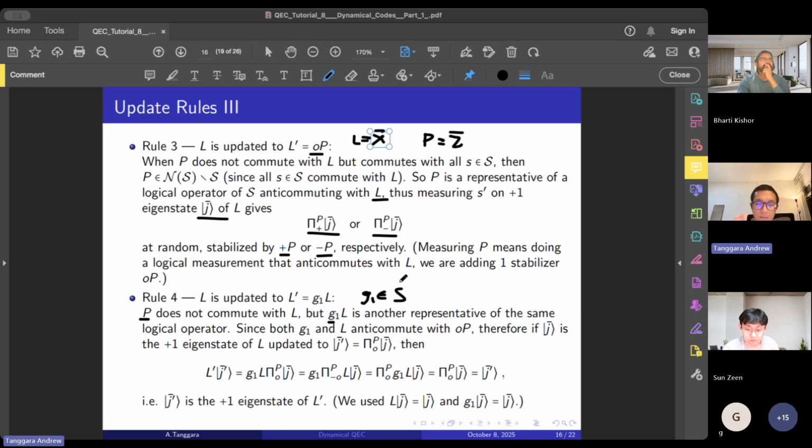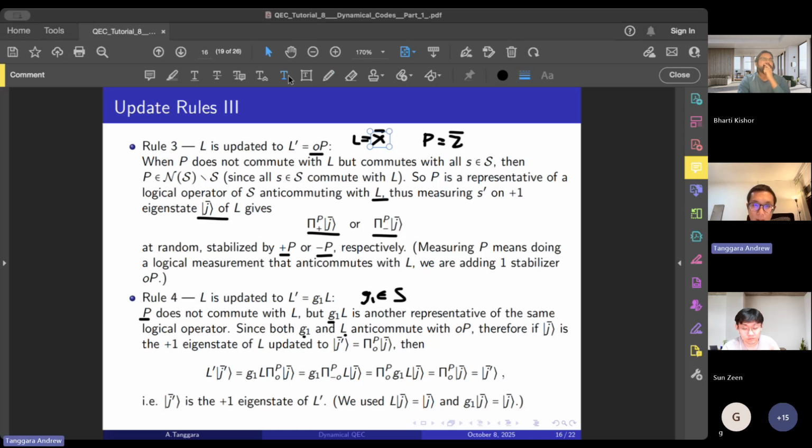It's just a different representative. So this G1L is basically the same logical operator as L. But the reason why I want to multiply this G1 with L is both G1 and L anti-commute with P, right? Because this G1 is the stabilizer that I throw away because it anti-commutes with P.